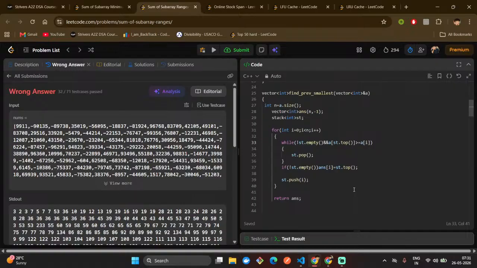like 1, 2, 2, 4. Previous minimum element is like 1. So not a pushback. Just 2. Just minus 1. Previous minimum.